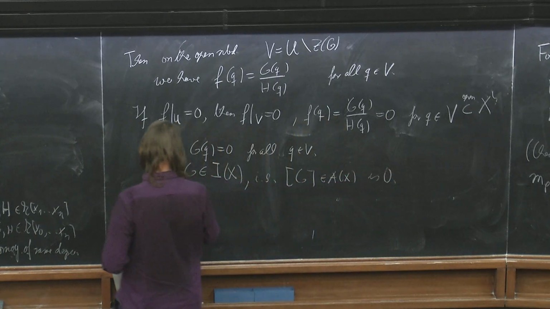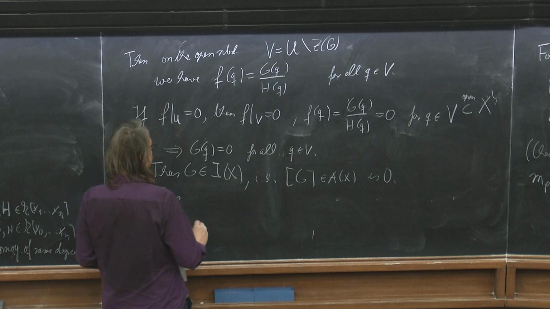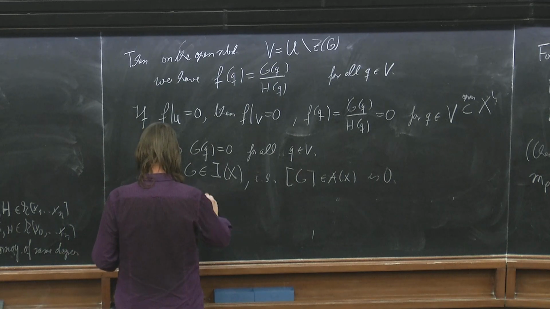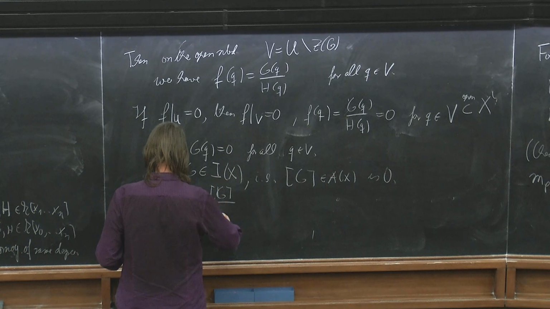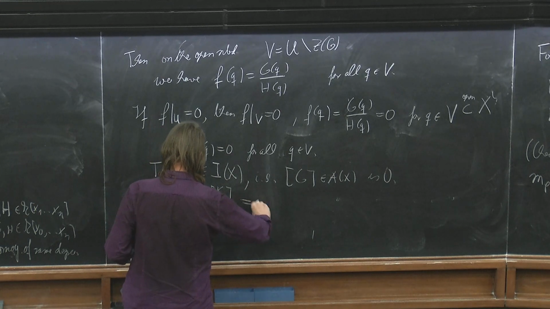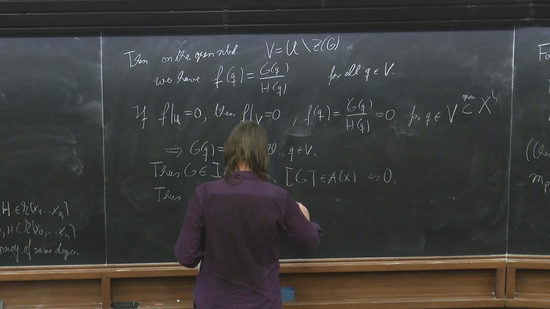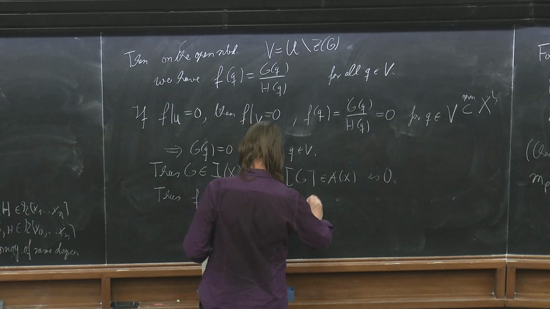So thus f, which is g divided by h, is just 0 in K(X) and thus in O(U).